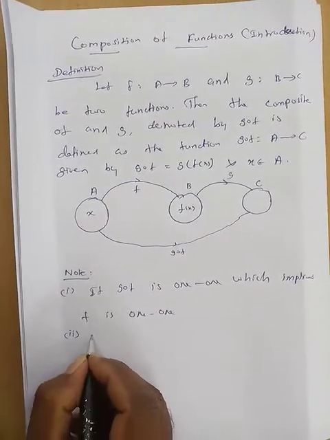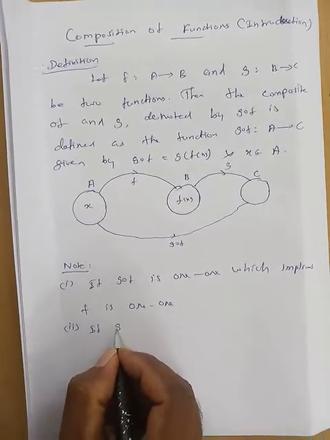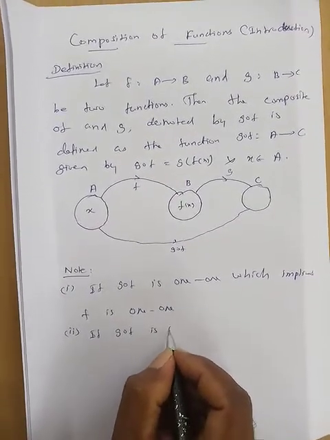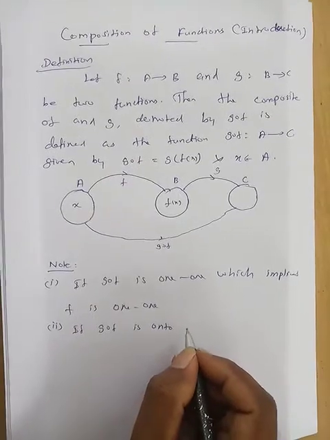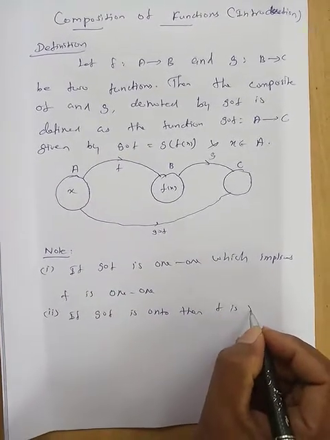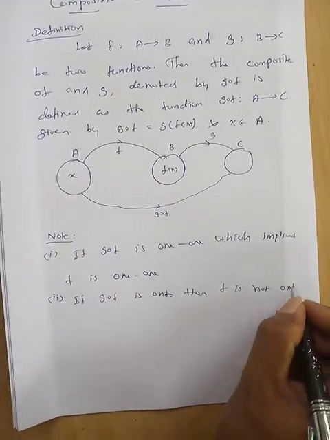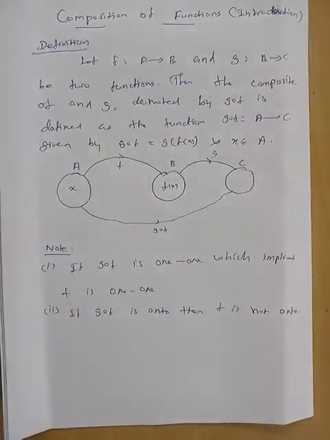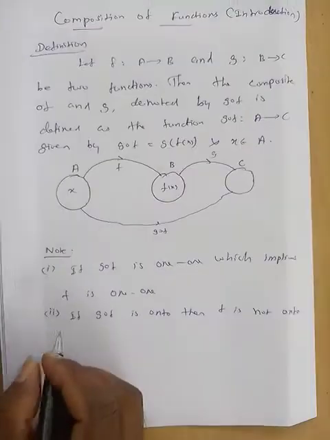Second one, if g composition f is onto, then f is not necessarily onto. It is not necessary.